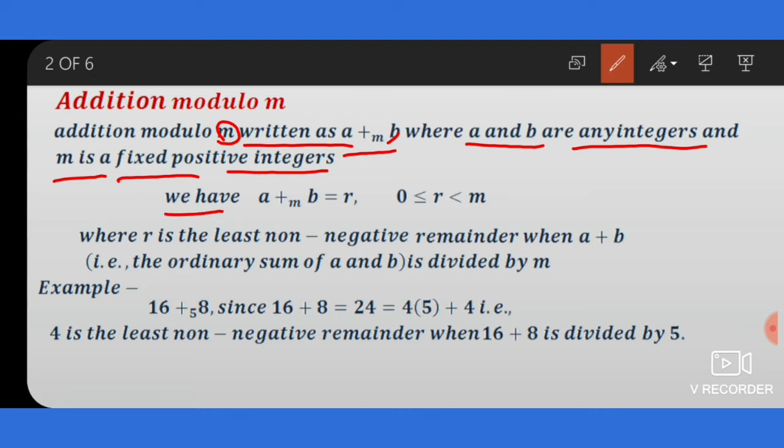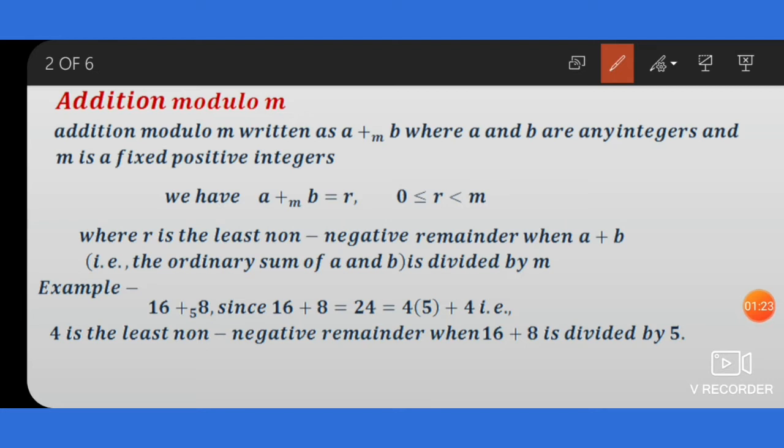We have a plus modulo m b equal to r, where 0 is less than or equal to r is less than m, where r is the least non-negative remainder when a plus b, that is the ordinary sum of a plus b, is divided by m.